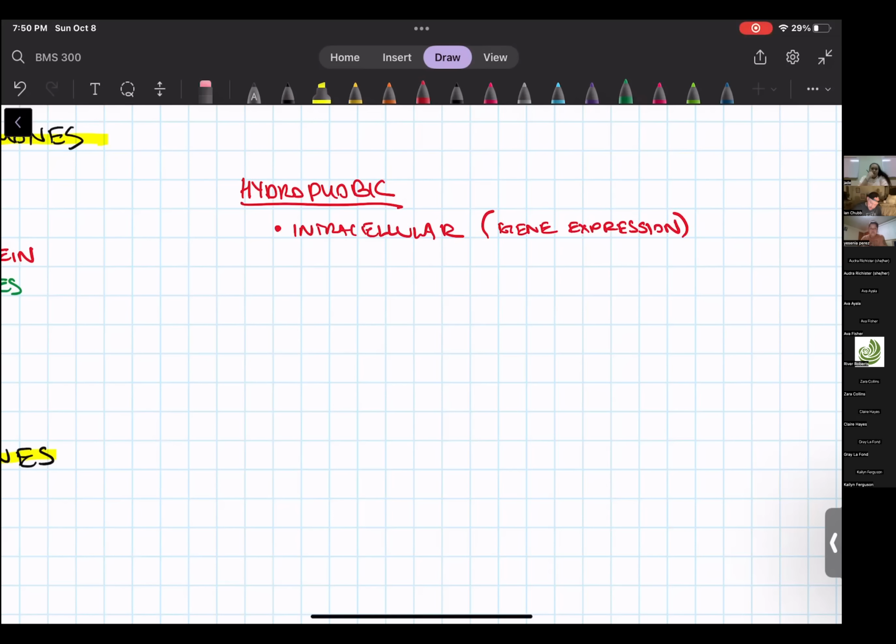There's really just one big class of these. Lipid derivatives. I guess there's two. Yeah, lipid derivatives, and then the other one is cholesterol derivatives.